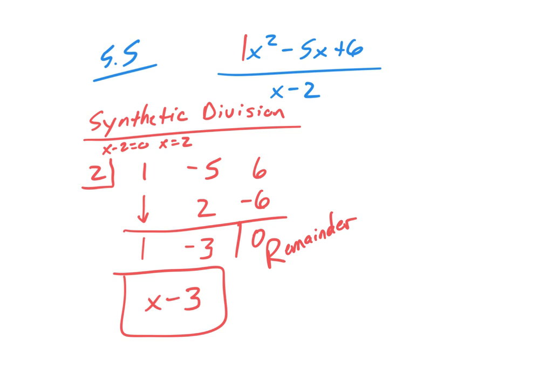Just like when I divide something: if I take 10 divided by 2 and I get 5, 5 times 2 gets me back to 10, right? The only difference is here we're doing it with polynomials. Now I'm saying this times this gets me back to here. You guys kind of remember synthetic a little bit? A lot better than long division, for sure, right?